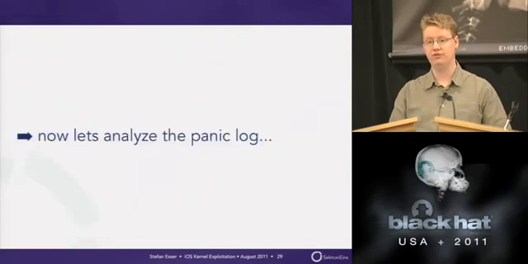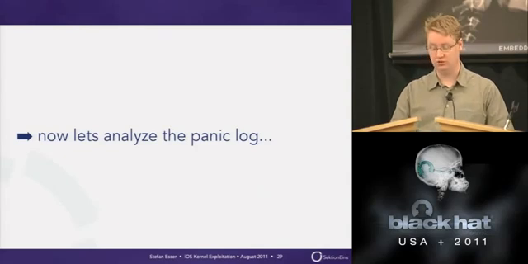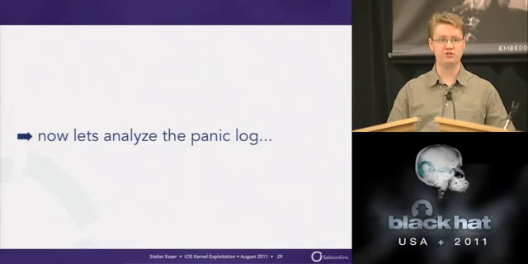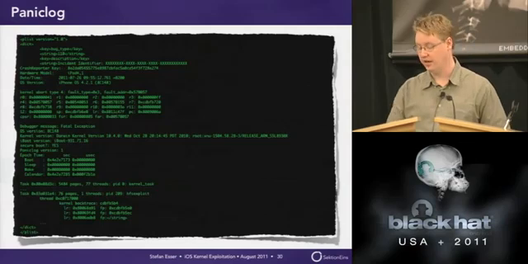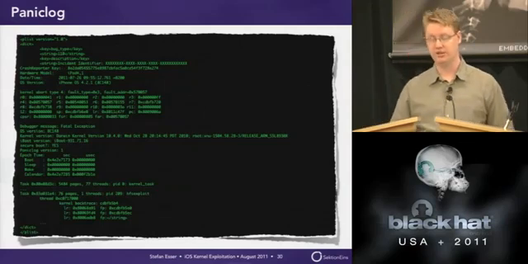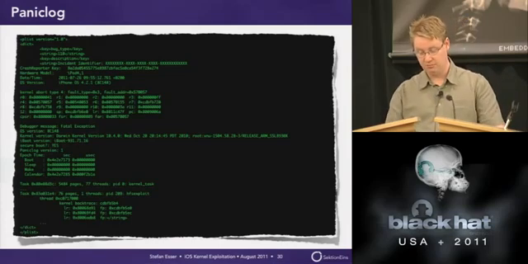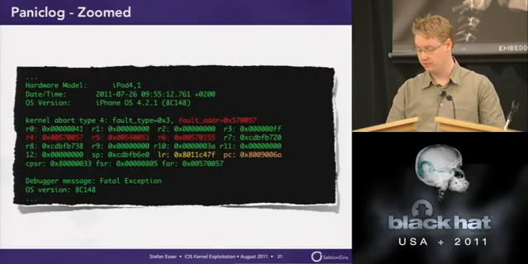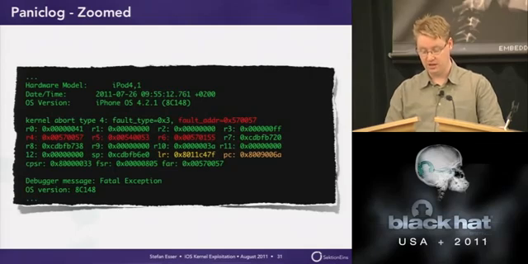So now, once you crash the kernel, what do you do? You go to the directory Library, Logs, CrashReporter or Panics, and there's a panic log. You look into it, and you will see something quite complicated. But at the moment you only care about this part, which gives you an overview of the actual fault, the register values at the time, and so on.